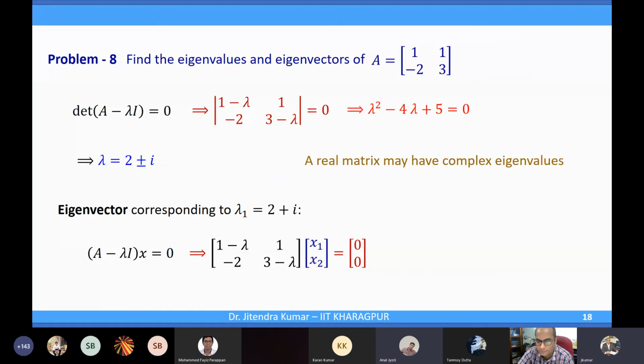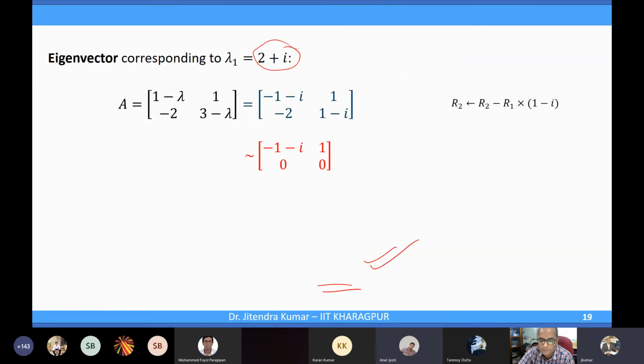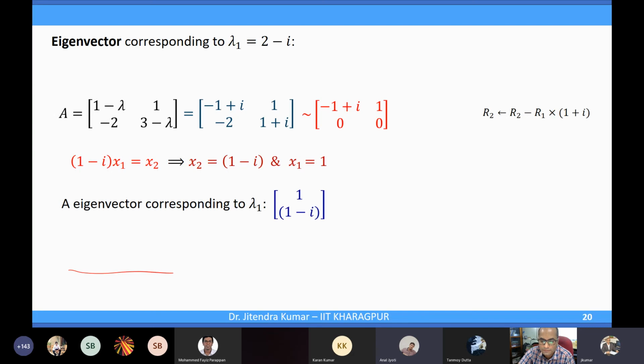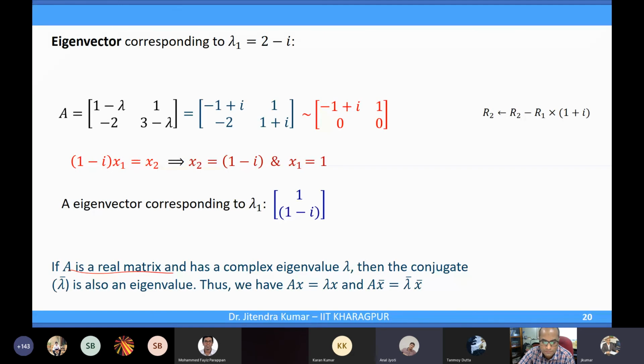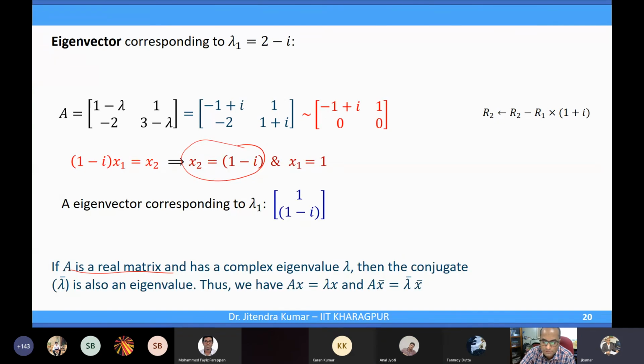Sir, I think you have written it wrong in the case of the second eigenvector. There will be x2 equal to iota minus 1, and you have written 1 minus iota. This one? Yes, sir. What was the first eigenvector? It was 1, 1 plus I. So 1, minus I. Sir, in the above matrix you have written minus 1 plus iota, 1, 0, 0.